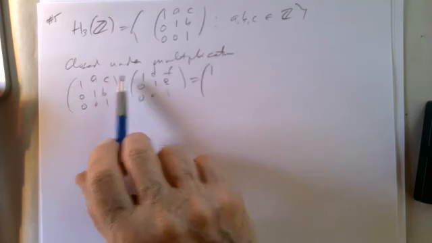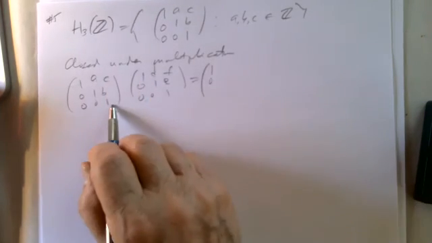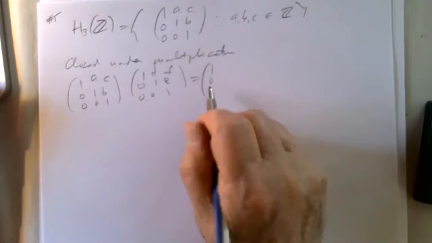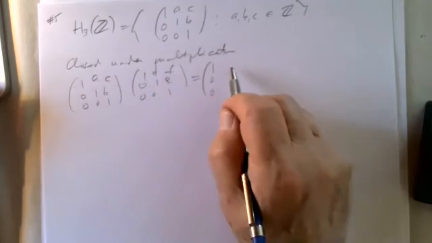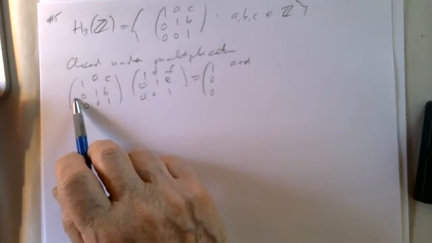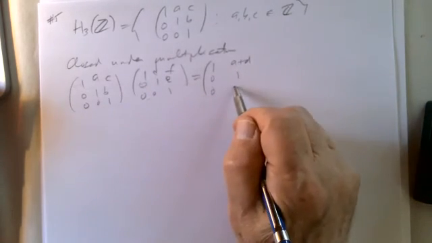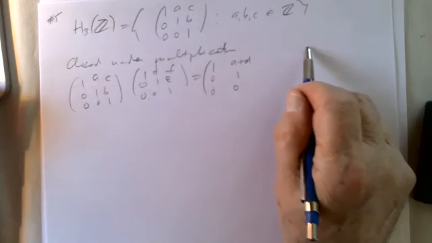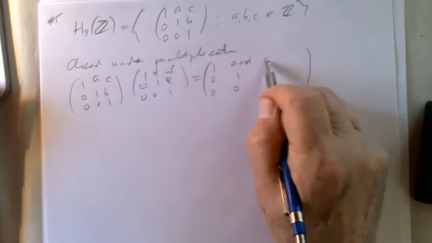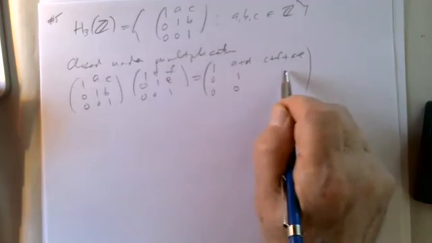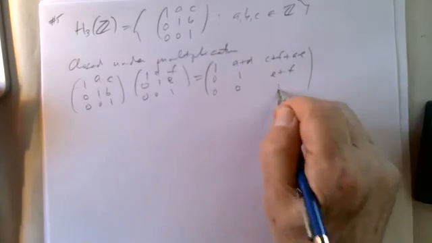So let's see, first row, first column, second row, first column, third row, first column, it's 1, 0, 0. What about the second column? First row, second column, I get D plus A, or A plus D. Here I get 0 plus 1 plus 0 is 1, and 0, 0, 0. And then for the third column, I get F plus AE plus C. And here I get F plus E, or E plus F. And here I get 1.